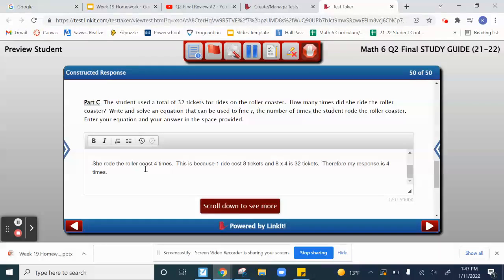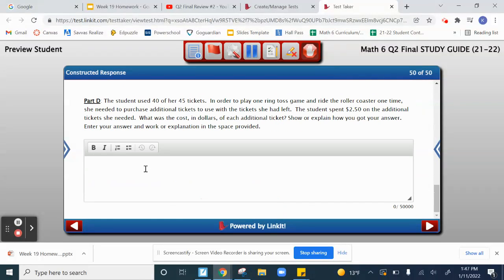All right, last part. The student used 40 of her 45 tickets. In order to play one ring toss game and ride the roller coaster one time, she needed to purchase additional tickets to use with the tickets she had left. The student spent $2.50 on the additional tickets she needed. What is the cost of each individual ticket?